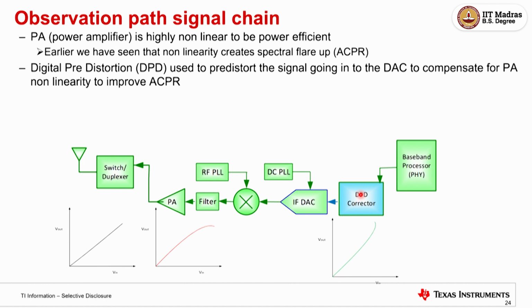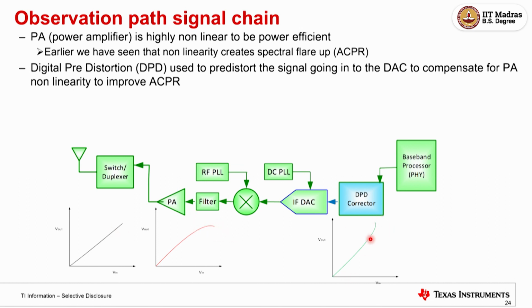I will not give 10 volts, I will give like 10.2 at that high frequency, so that after compression, see, this is the curve that I am trying to send, and this is the curve that the PA is trying to do. If you just multiply both, I will get a linear curve. It's like a pre-compensation. You can do a pre-compensation because it's what you are sending. You can scale the data and send. That is called digital pre-distortion or digital pre-compensation. But this curve has to be fixed.